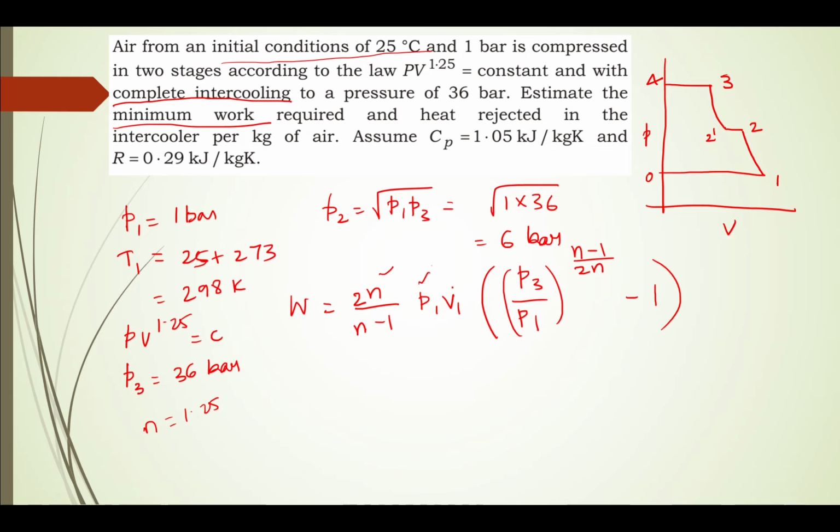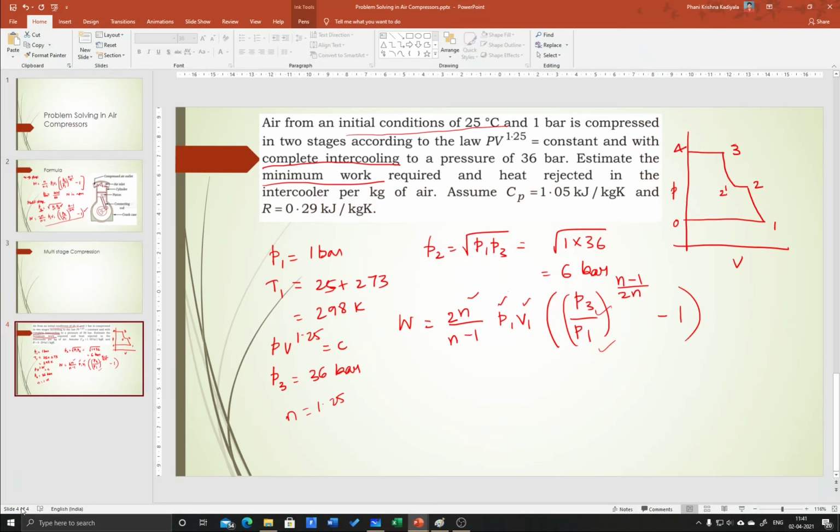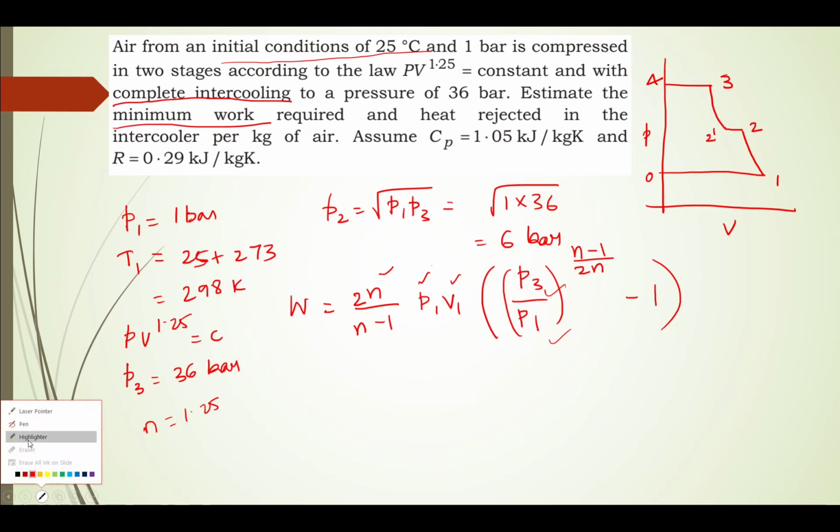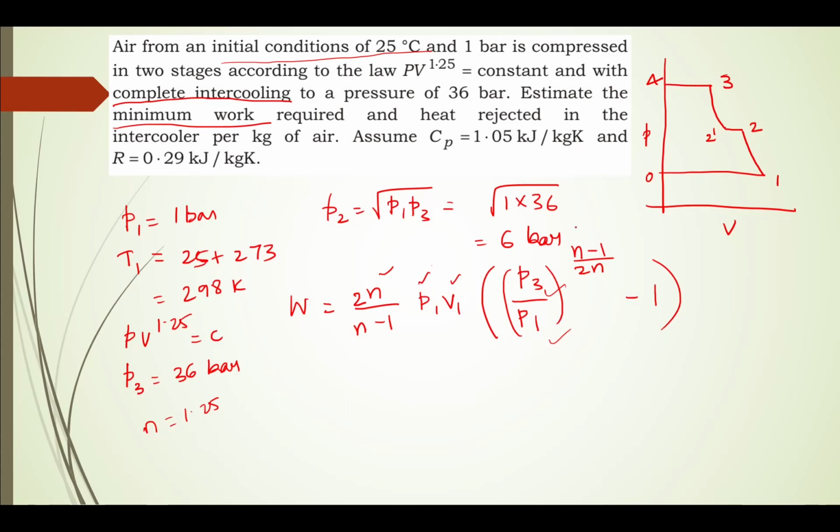P1 is given as 1 bar, and V1 we have to calculate from PV equal to mRT. Cp and R are also given. So P3 is known and P1 is known, so we can find out the work input. Here we can also use the formula: square root of P3 by P1 is equal to P2 by P1, so P2 is also known.